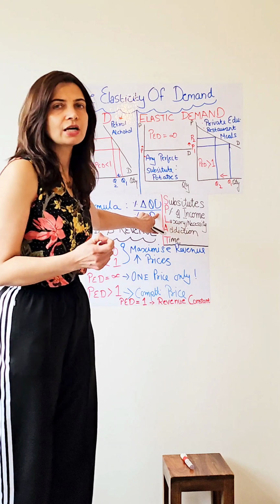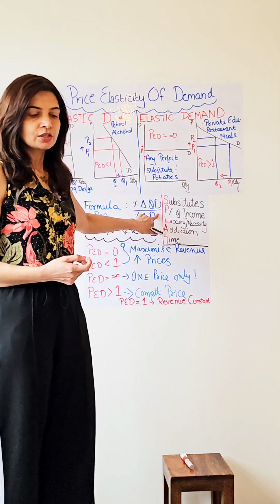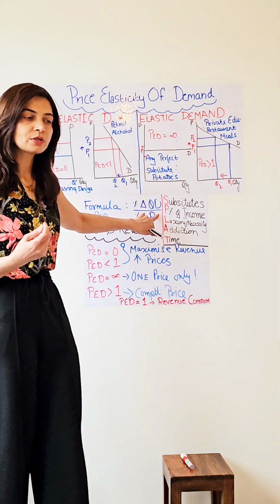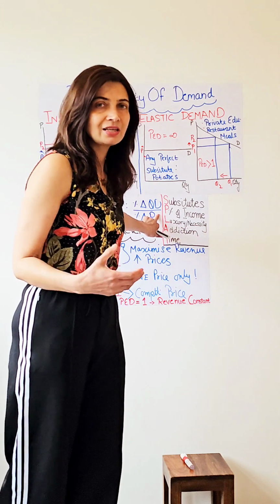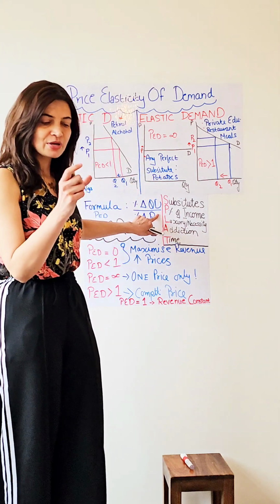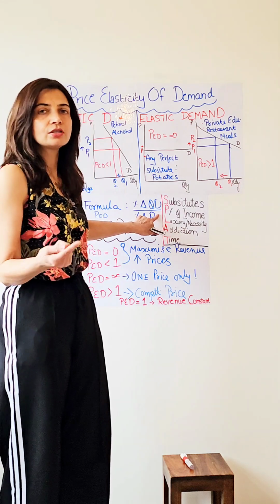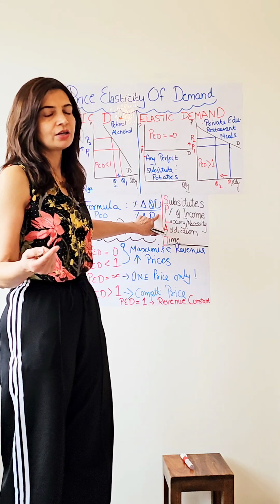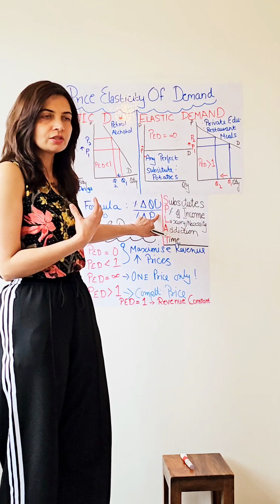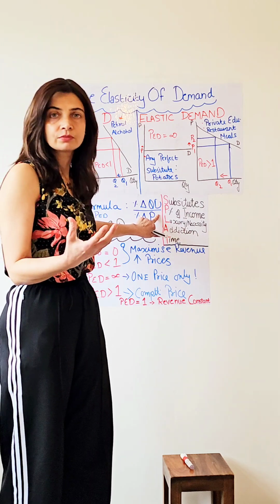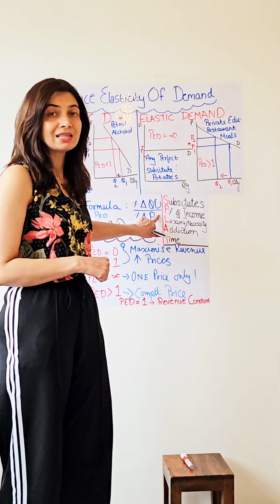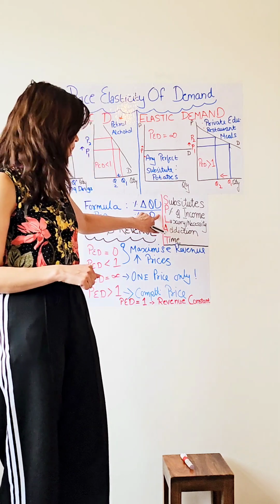Percentage of income that is being spent on a product. So if the percentage of income that you spend on a good or on a service is quite high, it's taking a bigger chunk of your income, your response to any change in price will be high. You will be quite sensitive. You will be worried if the rental of your house that you live in changes, for example.